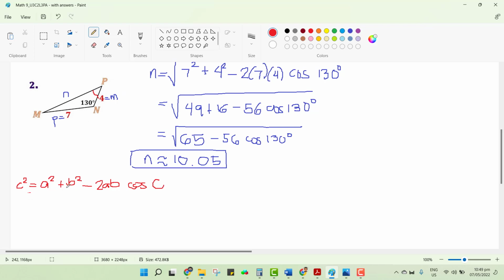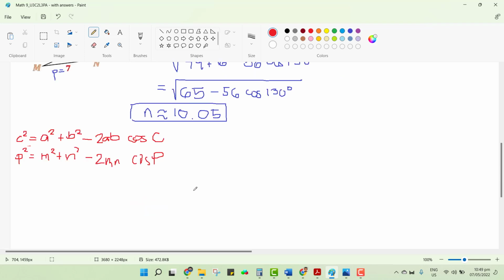This would become angle P. So we have here P, M, and N. So P squared is equal to M squared plus N squared less 2mn cosine P. So cosine P is equal to M squared plus N squared less P squared.